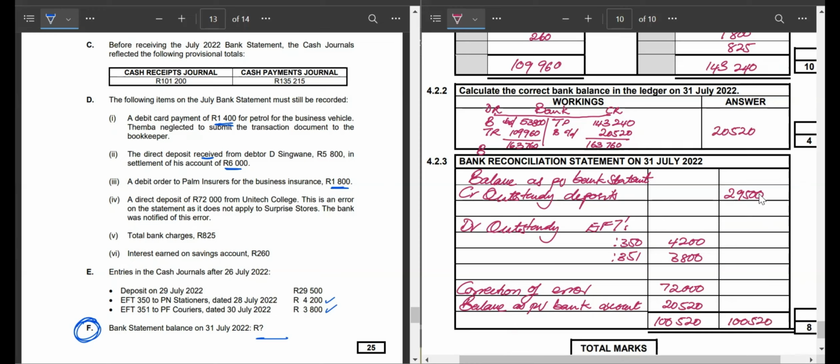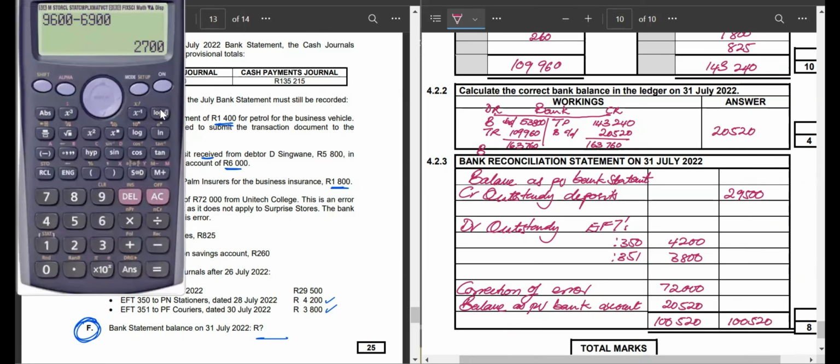Therefore, the balance becomes your balance as per bank statement. For you to get that, you simply say 100,520, then you subtract your 29,500, and your difference becomes 71,020. So that becomes your balance as per bank statement, 71,020.